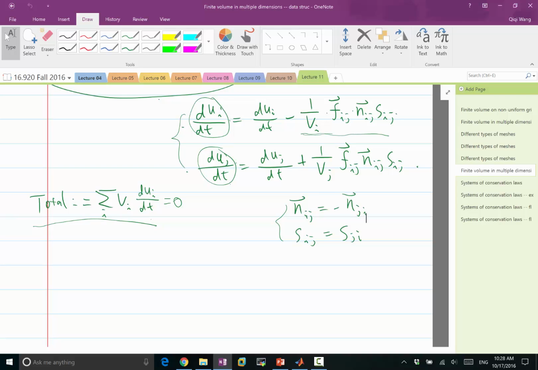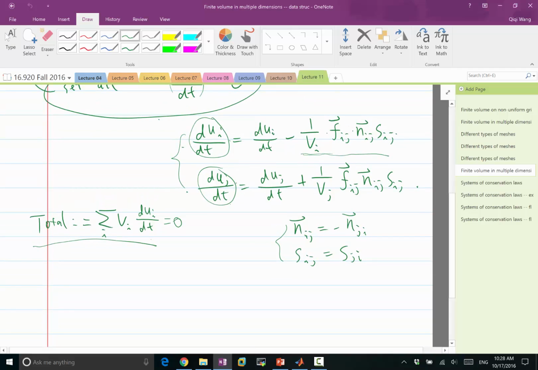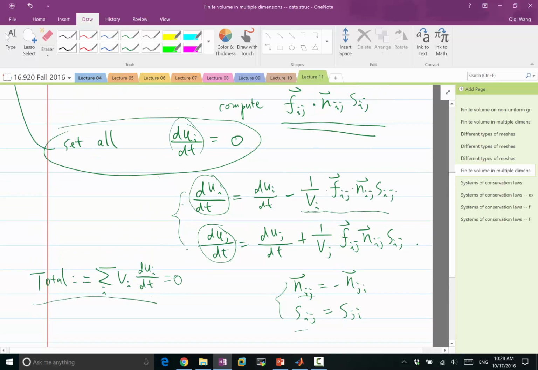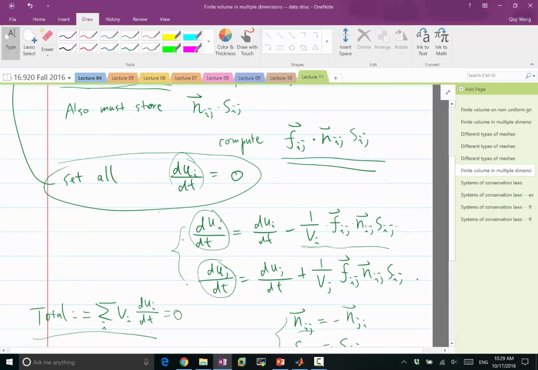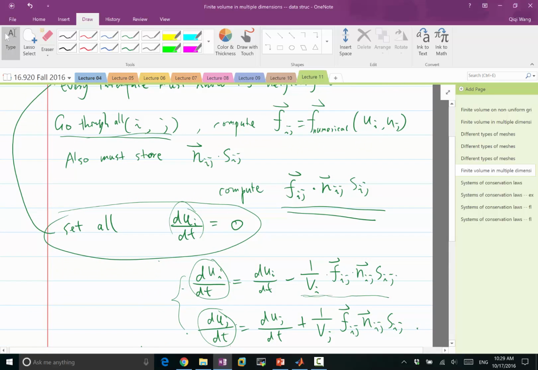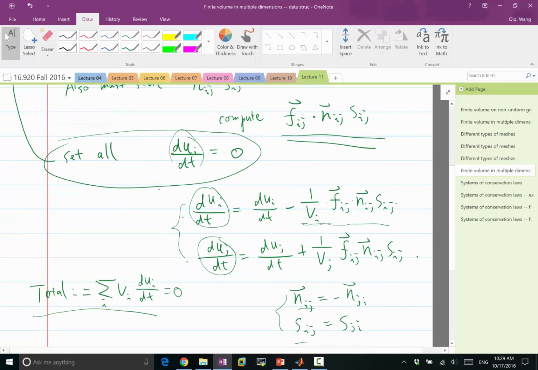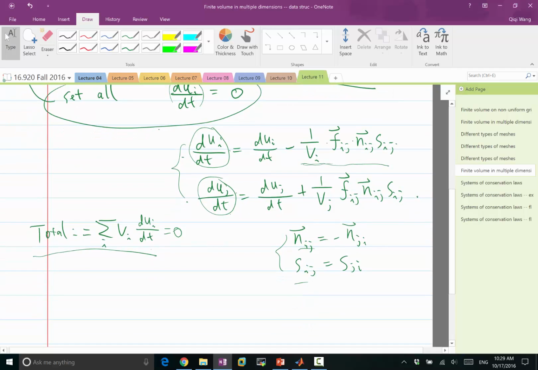Once we generate a mesh, we can compute these surface normals and surface sizes, and use the same reconstruction schemes and finite volume schemes to compute a flux as a function of the volume averages on the two sides. By accumulating this flux over all the edges, we compute the time derivative, which we can apply to an ODE solver to solve the differential equation.